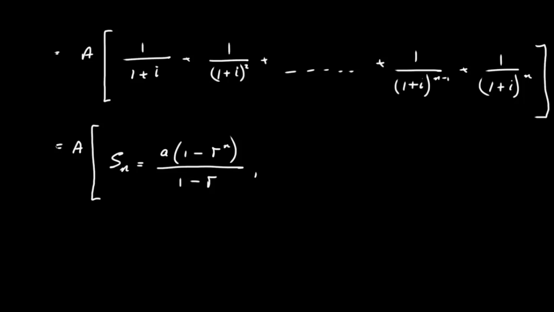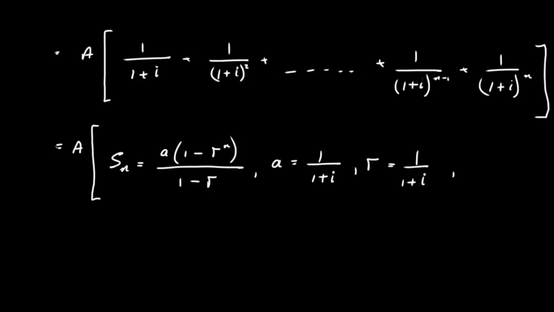In our particular case here, our a, our first term, is 1 over 1 plus I. Our common ratio, or r, is also going to be 1 over 1 plus I. You can see here that if I multiply this by 1 over 1 plus I, 1 times 1 will give me the 1 up here. 1 plus I times 1 plus I will give me 1 plus I squared, and so on all the way out along here.